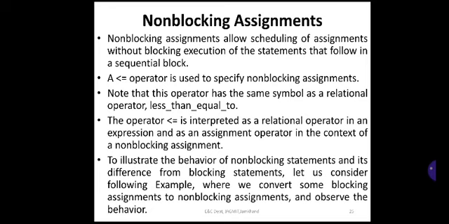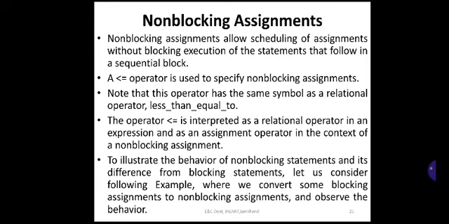You need to observe that the same symbol is used as the relational operator, the less than or equal to operator in data flow modeling. Here the operator less than or equal to is interpreted as a relational operator in an expression, and as an assignment operator in the context of the non-blocking assignment.